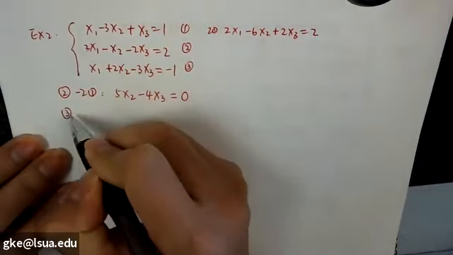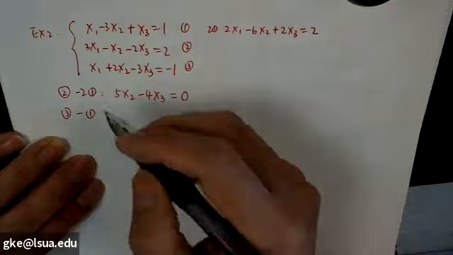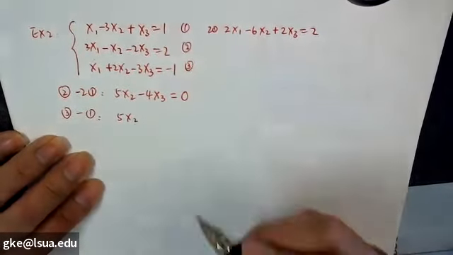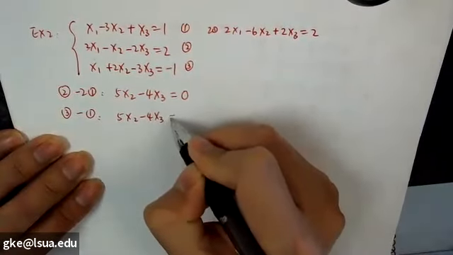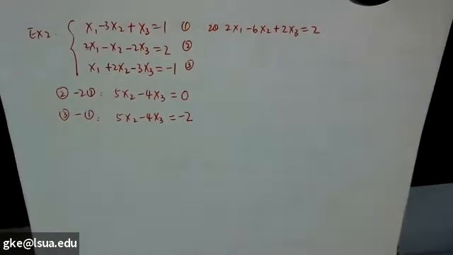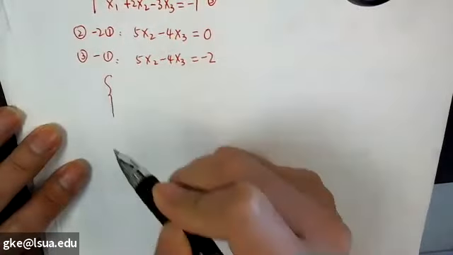Second one, 3 minus 1. That's very straightforward, right? x1 subtract x1, cancel out. And now we're gonna get what? We have 5x2, and then we can boil down to this equation system.